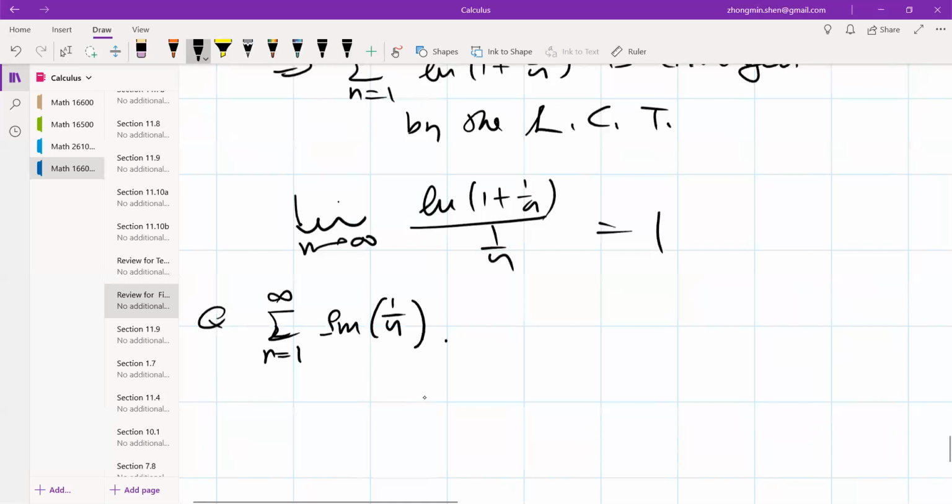Huh? Divergent. Why? Well, because as the inside goes, it approaches 0, and sine continuously goes forever. Right? I know it doesn't prove it, but that's what I would start off with. Sine 0 is 0. Yeah, the nth term approaches 0, but that doesn't guarantee this is convergent.